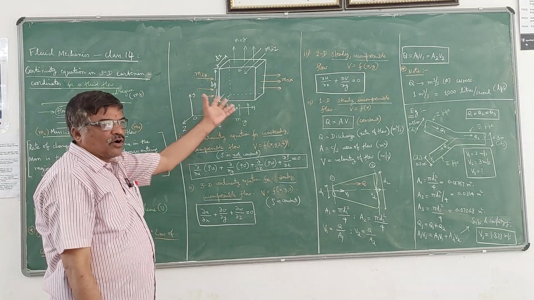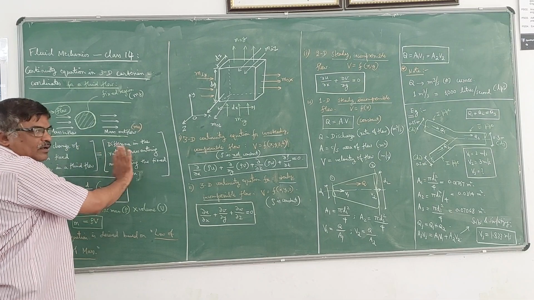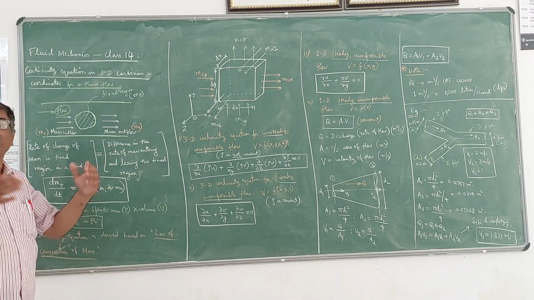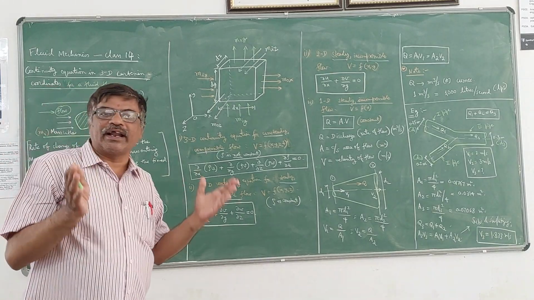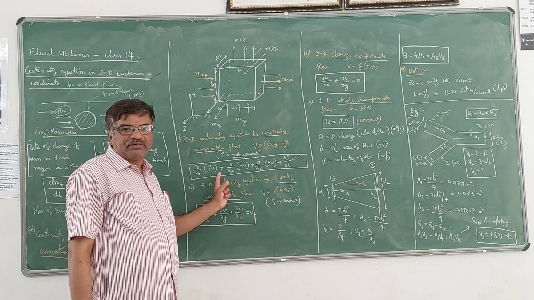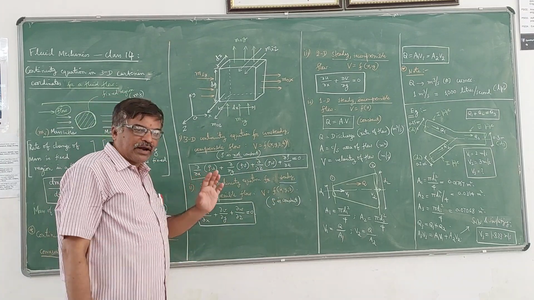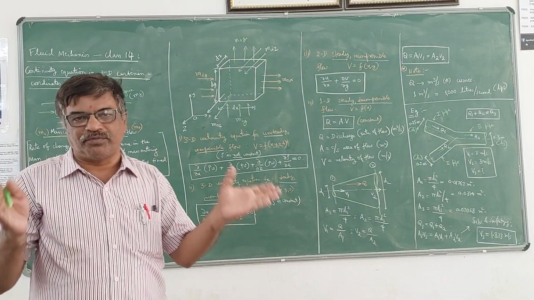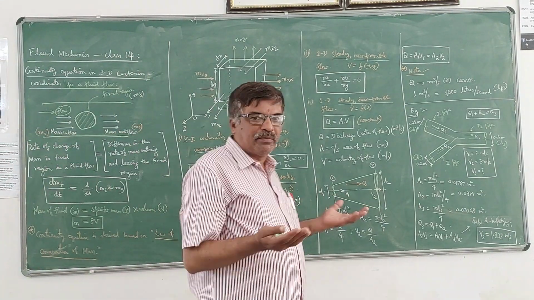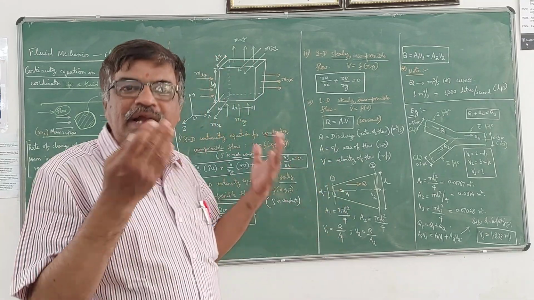Using this concept, if you write the equation in this form and simplify in all three directions x, y, z, finally we get the continuity equation in this form. You can write the continuity equation in different forms based on whether it is three-dimensional, two-dimensional or one-dimensional, whether it is steady or unsteady, and whether it is compressible or incompressible.